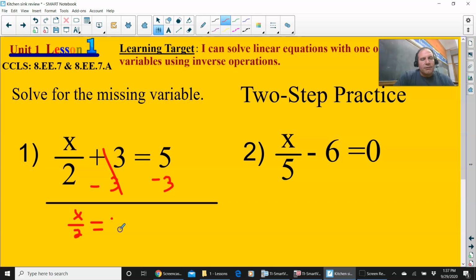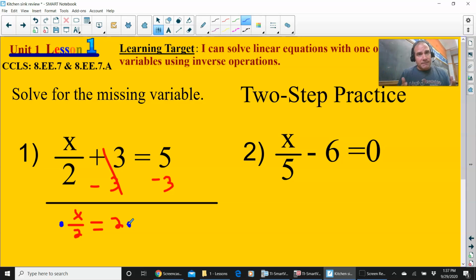And remember, if you watch the single step video review, this one right here is a single step equation. So we are going to use the reciprocal and multiply, because that fraction is division. That fraction represents division as the operation.